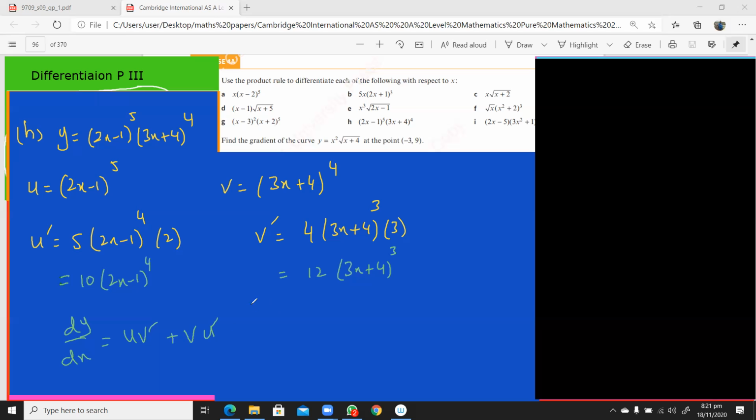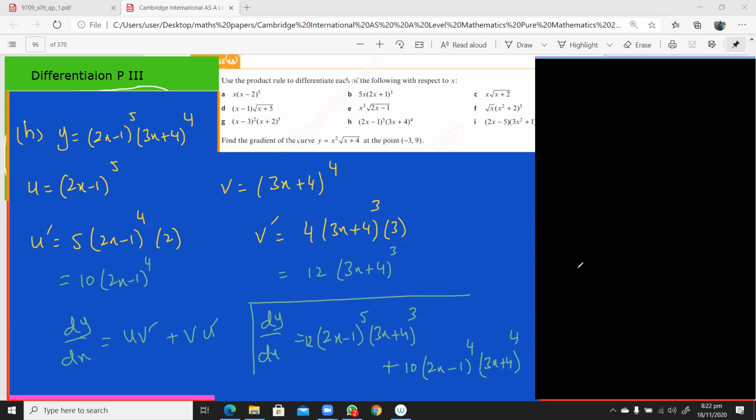So u is 2x minus 1 raised to power 5, and v dash is 12 into 3x plus 4 whole cube. And then plus u dash, which is 10 into 2x minus 1 to the power 4, into v, which is 3x plus 4 raised to power 4.